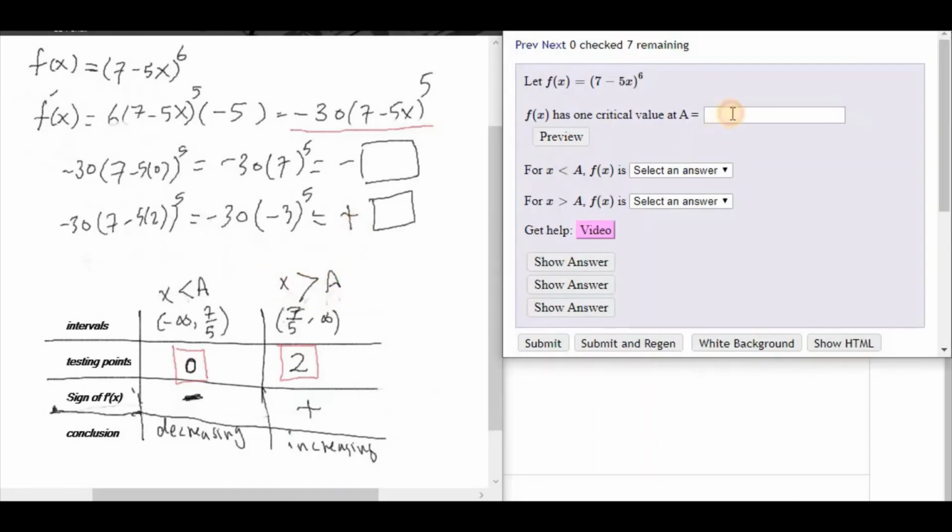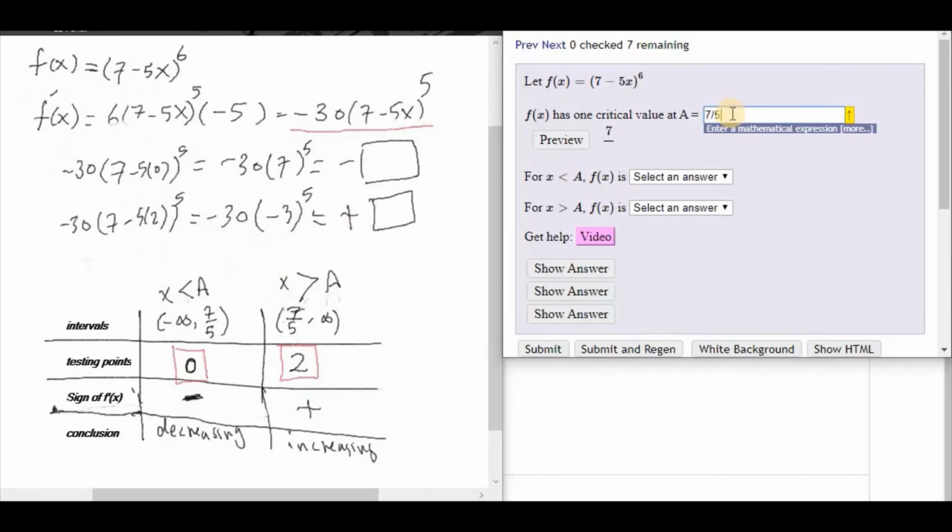So to answer this question here, I will type in the critical value that I found. And for all of the x's that are less than the critical value, the function is decreasing. And for all of the values that are greater than the critical value, the function is increasing. And then submit my answer.